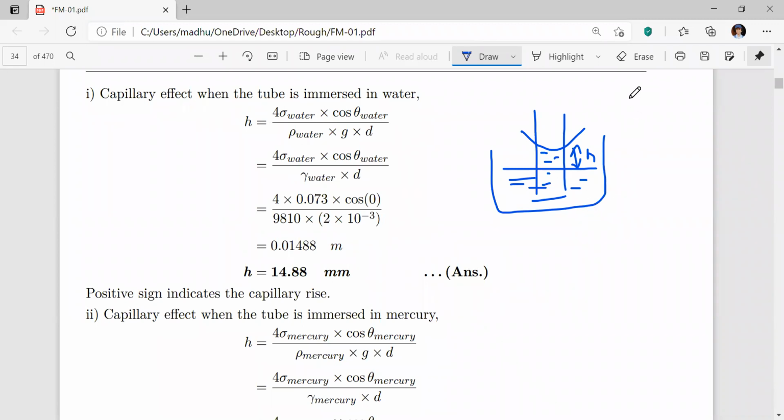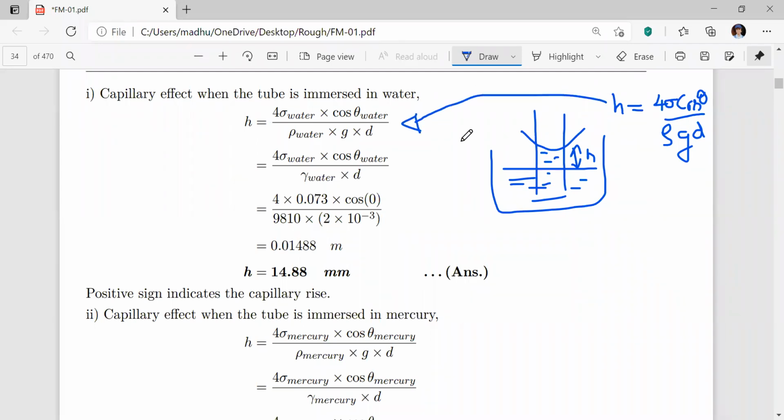Now, what is the equation we have learned? h = 4 sigma cos theta divided by rho g d. So this is the equation, and that's what they have written here. It is the same equation.